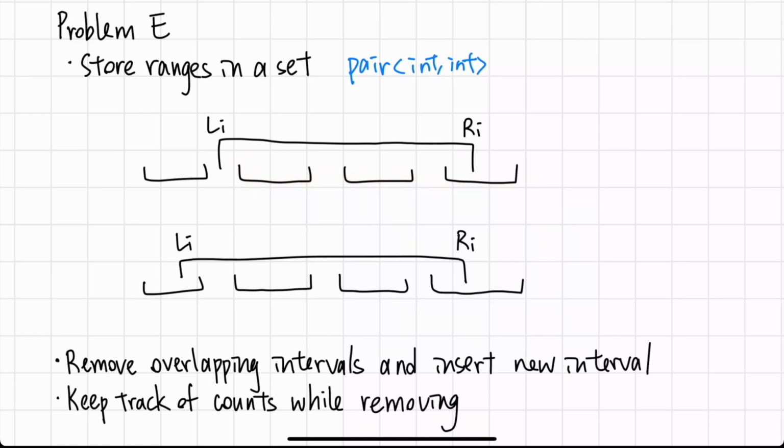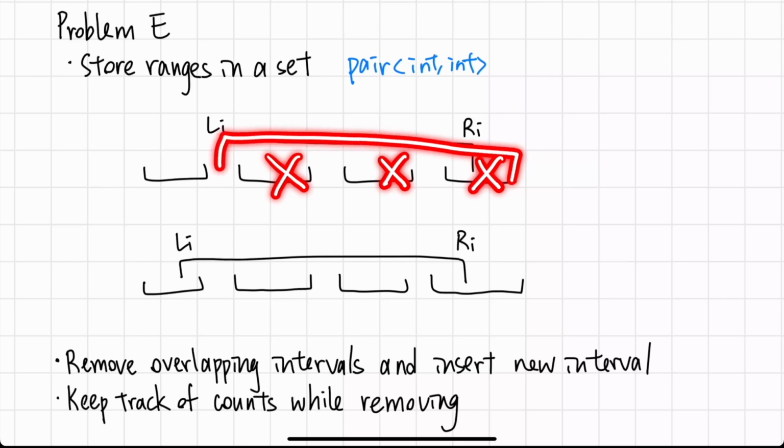And this is why we use a set, because in sets we can easily remove and insert new values with very small time complexity. So here we will want to remove all of these ranges, and we will merge this new range with the previous ranges.